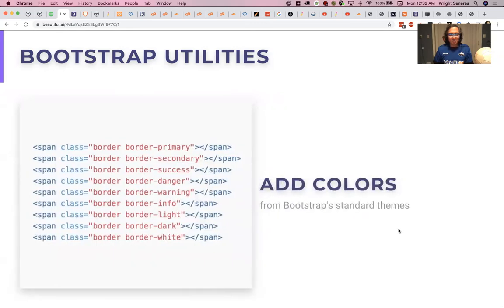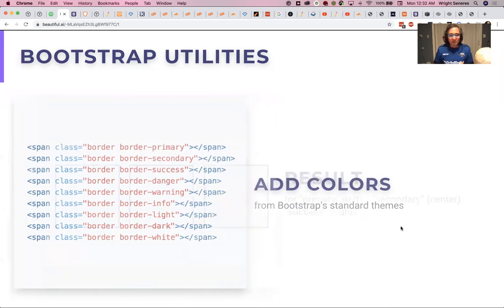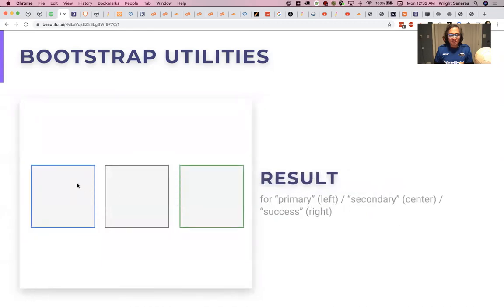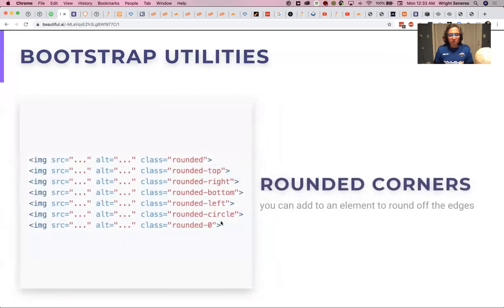You can add colors from Bootstrap standard themes. I'll show you those in a second, but you can add borders and then a border color. Here's the result. Here is a primary color blue, and then secondary is gray, and then success is green. You can add rounded corners to your elements to round off the edges.